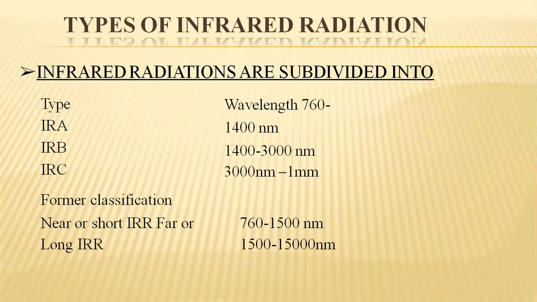Coming to the B schedule, the wavelength exists from 1400 to 3000 nanometers. Coming to the C type, it's large and its wavelength varies between 3000 nanometers to 1 millimeter. So nanometers is the concept of utilizing in the micro range.